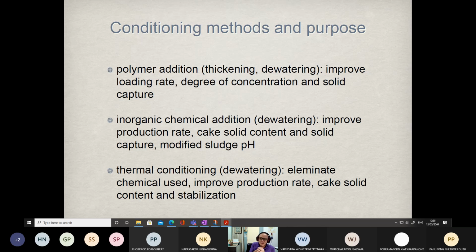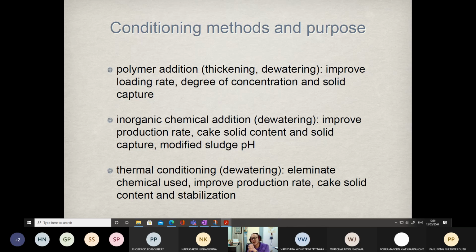We apply these chemicals to improve the production rate, or the loading rate, or enhance the solids capture. The disintegrated sludge particles become bonded once we apply this chemical; the bonds between the sludge particles are generated.